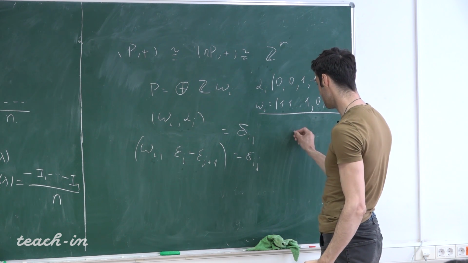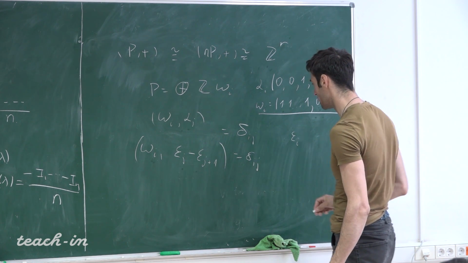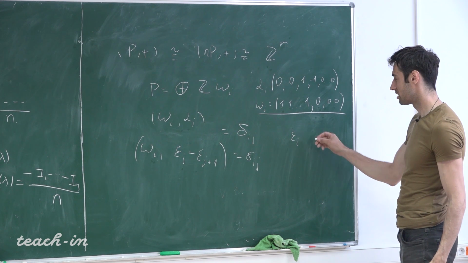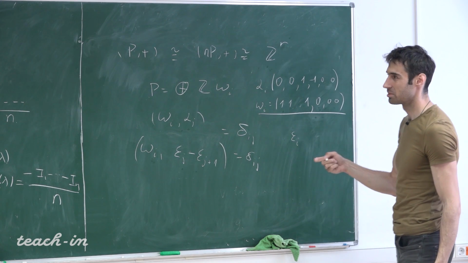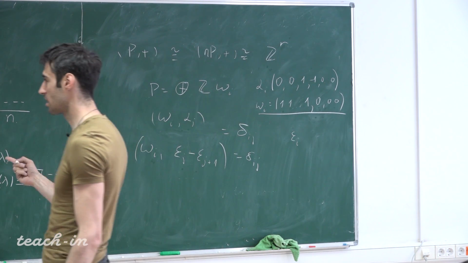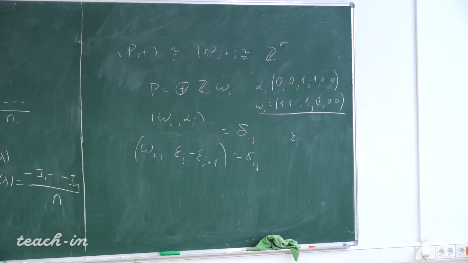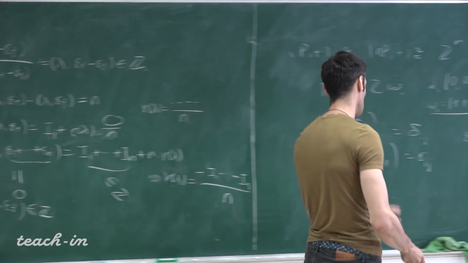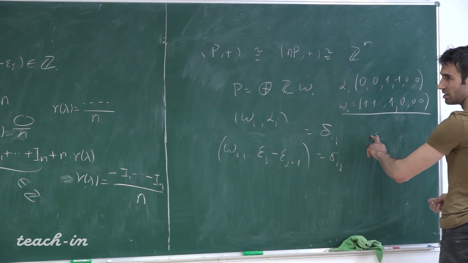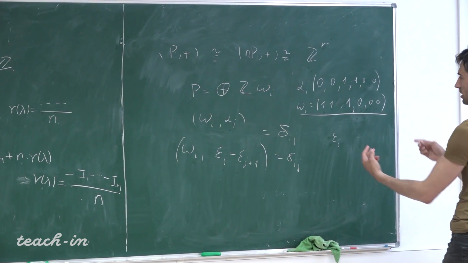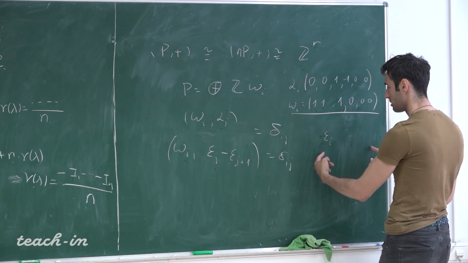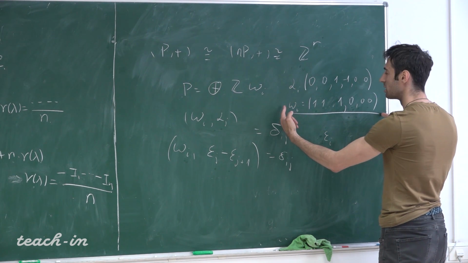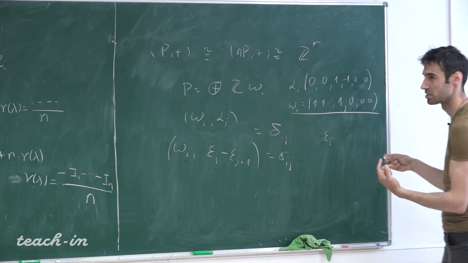Now the question is, can you obtain epsilon i as an integer linear combination of the omega i's? Then epsilon i is another basis in P. So omega is a basis in P. Of course, you can obtain omega out of epsilon i, but can you obtain epsilon i out of omega, just a linear combination of omega with integer coefficients?